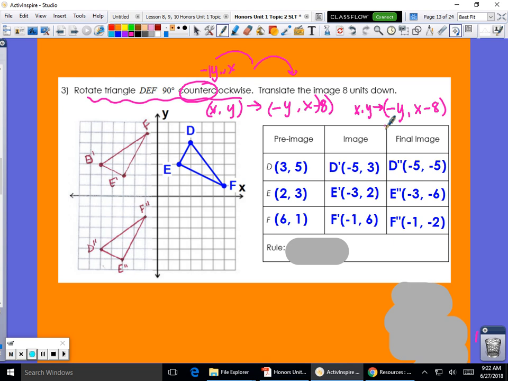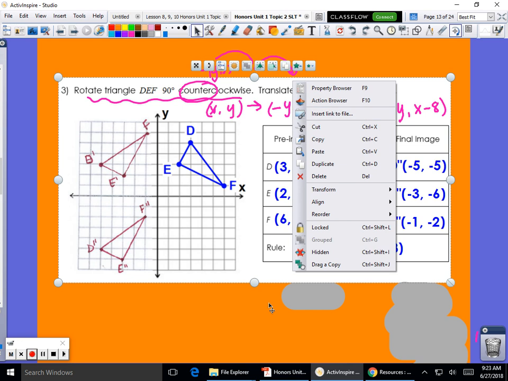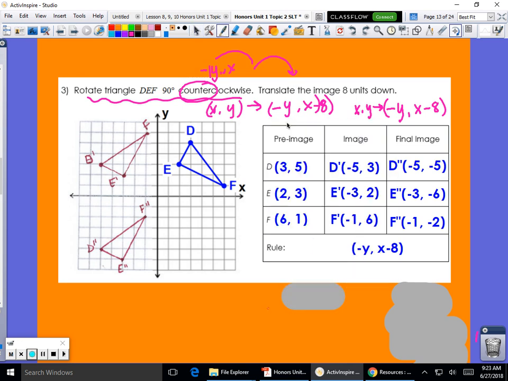Right? And I think this is an incomplete rule. Okay, but we know we need to actually put that x comma y in there. Okay, great. I am going to leave it at that. I want you to try the next one, do the order differently, and see if it matters.